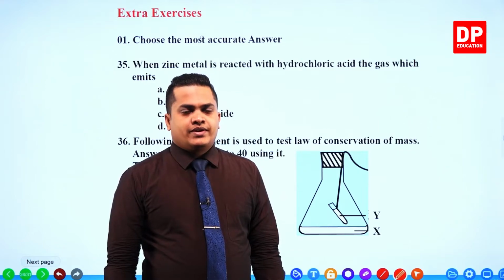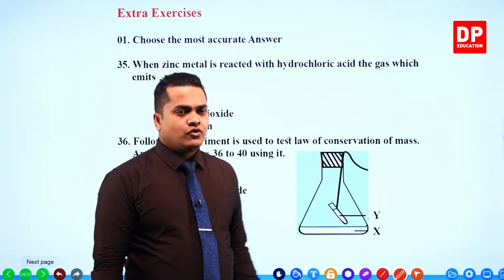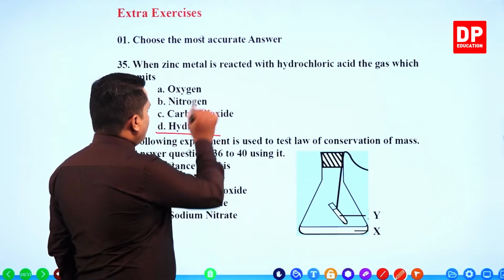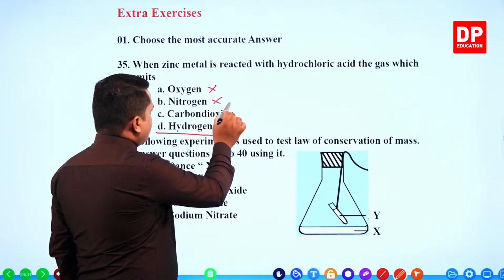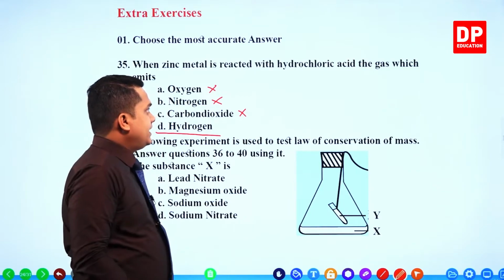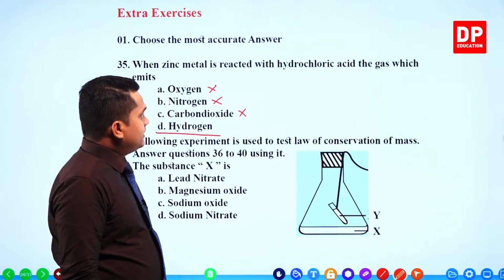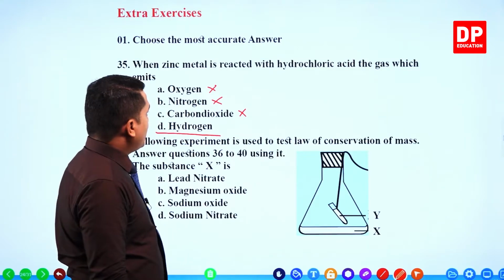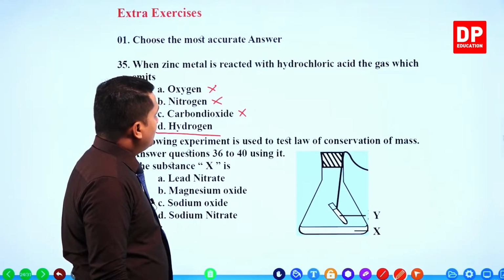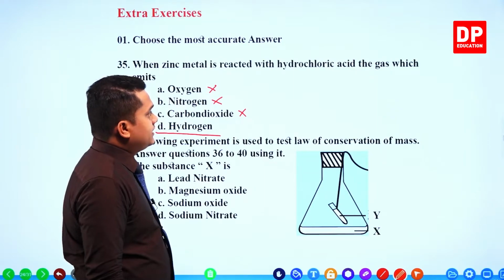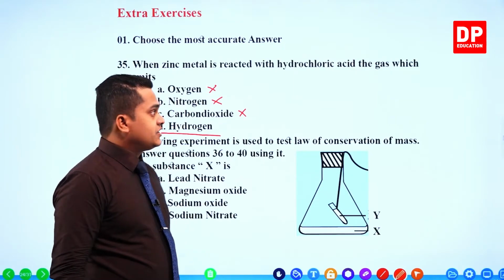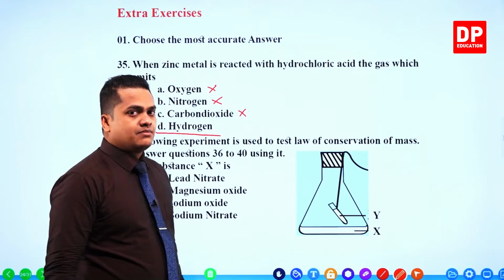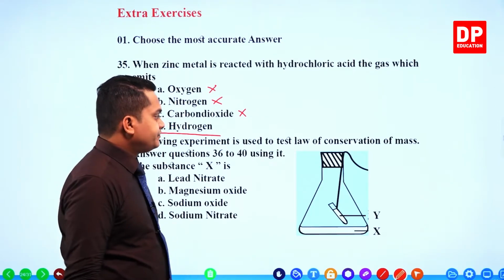Okay, so my dear children, the answer would be hydrogen gas, not oxygen, not nitrogen, not carbon dioxide. When you react a piece of zinc with hydrochloric acid, the gas given out is called hydrogen gas.